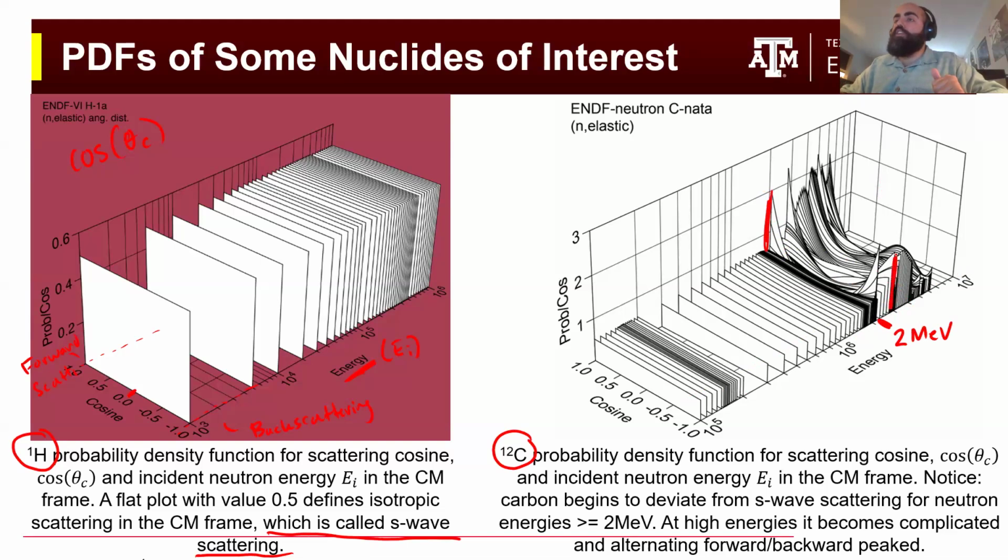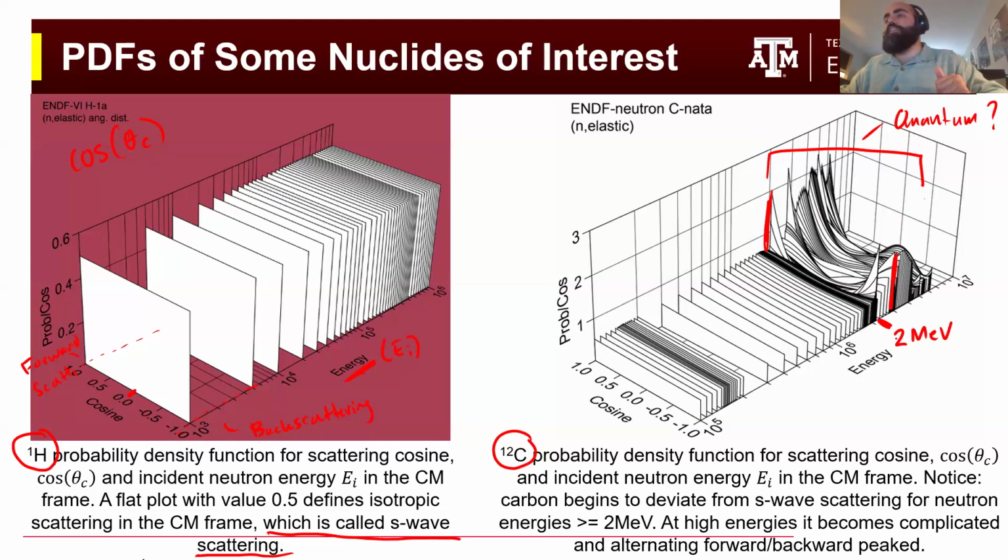At others, it becomes backward peaked, and it oscillates back and forth between one and another. This whole region is weird quantum mechanical stuff. If you want to understand what's going on, you have to understand a lot more quantum mechanics than I do, but that's basically what's going on.